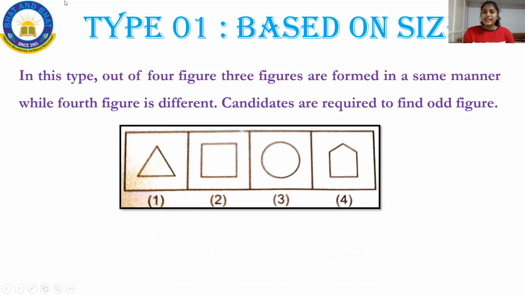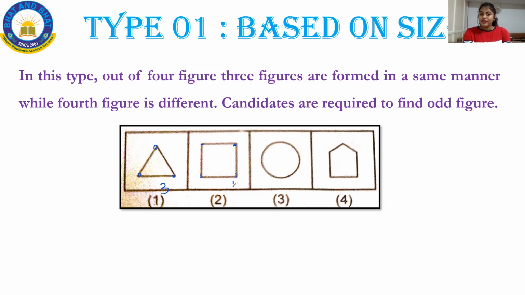Students, keep in mind, I'll teach you one example based on size. Let me check now how many sides it has. 1, 2, 3: it has 3 sides. Let me go with this one: 1, 2, 3, 4.